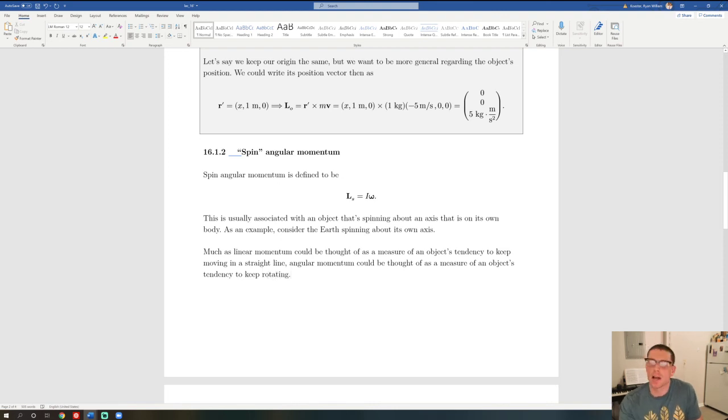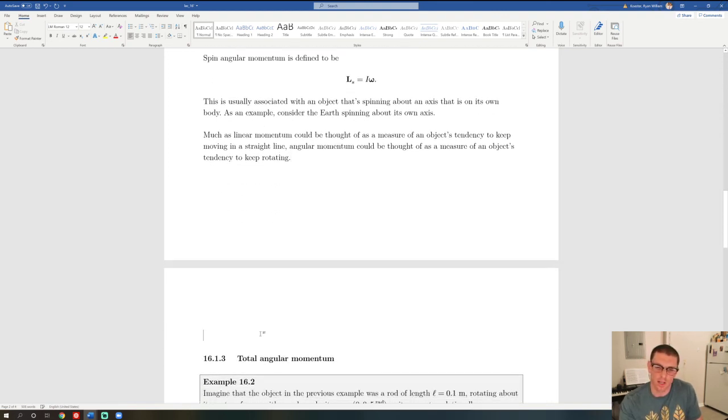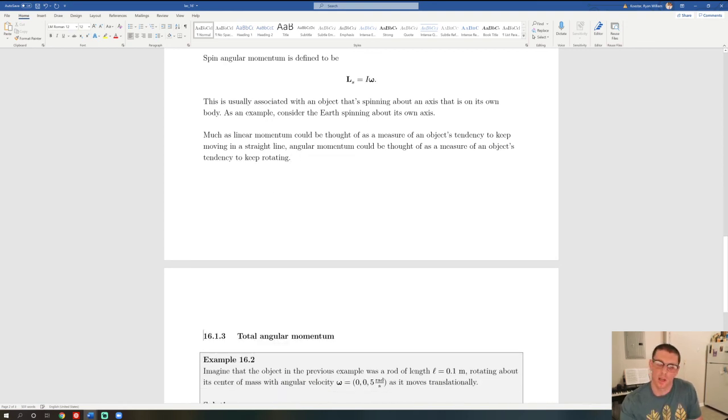And so again, these analogies have served us very well, because so far we have seen that they're all holding up very nicely. So I would like to keep encouraging you to think about the analogies between linear motion and rotational motion.